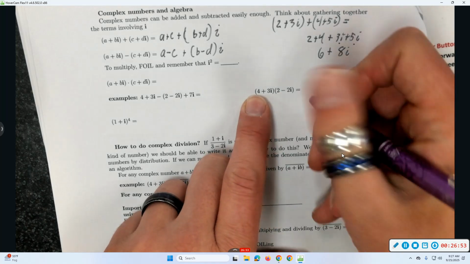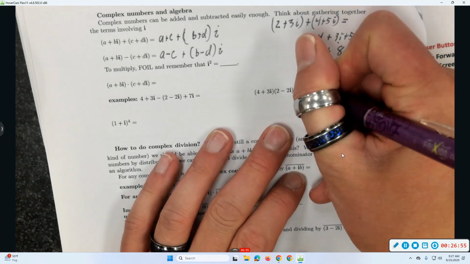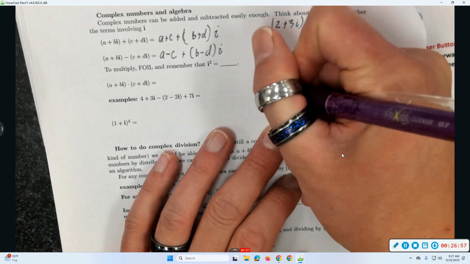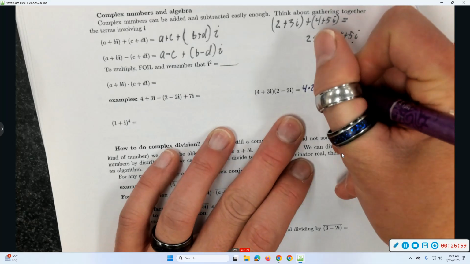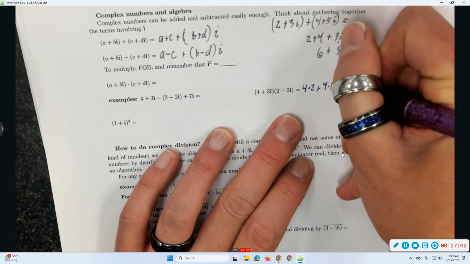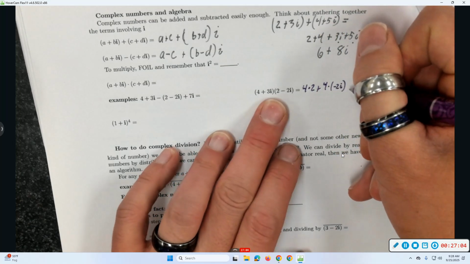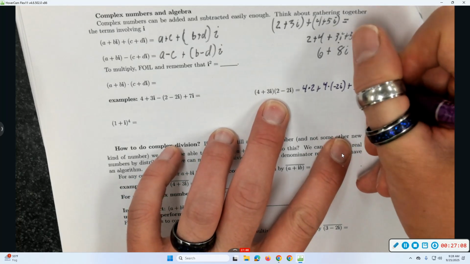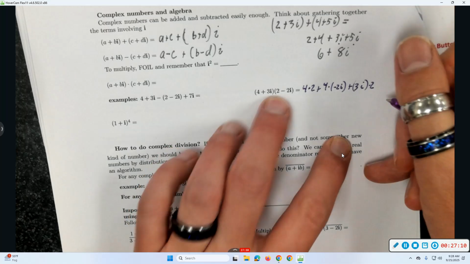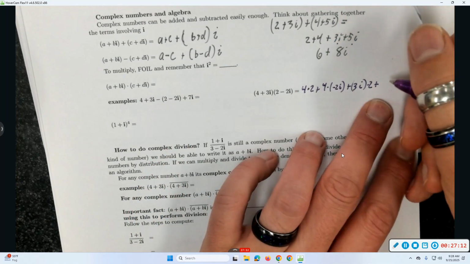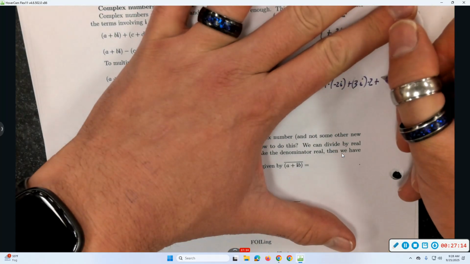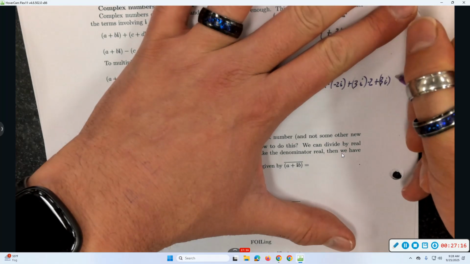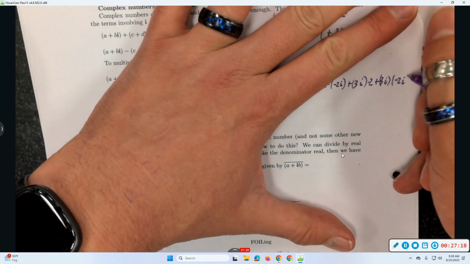So let's see what you get. First term, 4 times 2, plus outside term, 4 times negative 2i, plus inside term, 3i times 2, plus last, 3i times negative 2i.